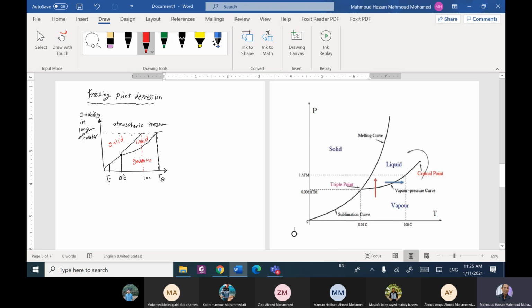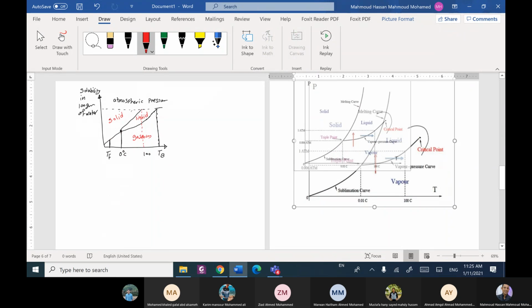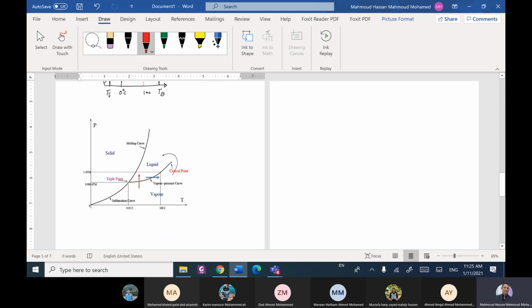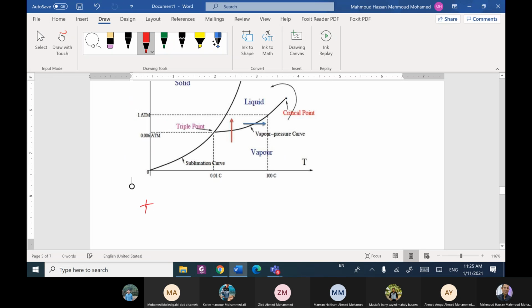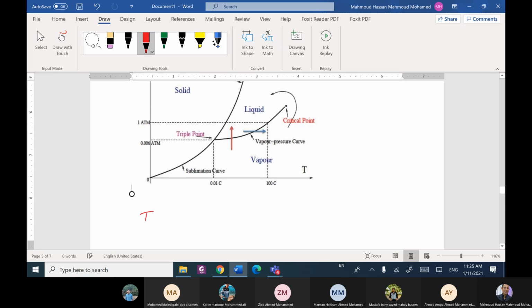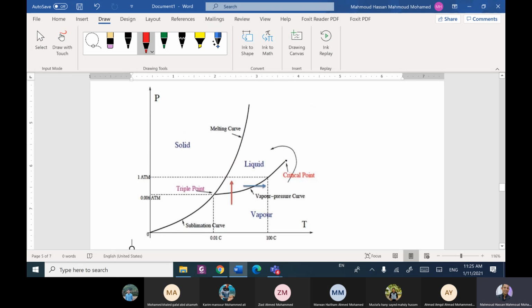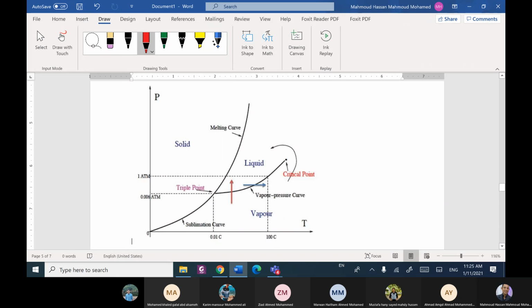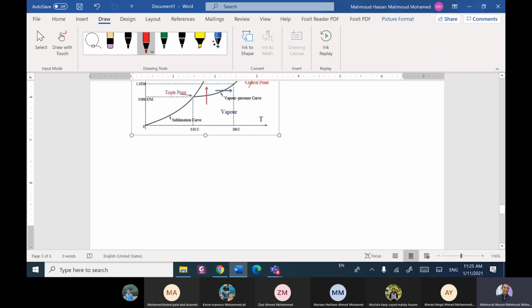To measure the freezing point, Bismillah.